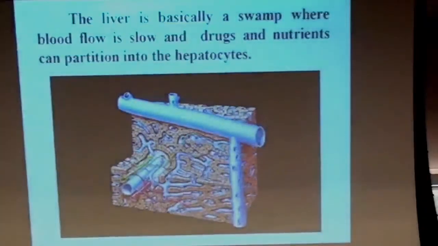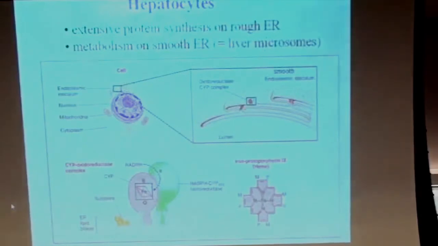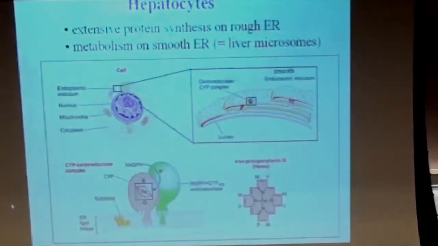The liver is really perfect for metabolism. Blood flow is slow in the liver, and drugs can partition into the hepatocytes. And hepatocytes are metabolically extremely active cells.